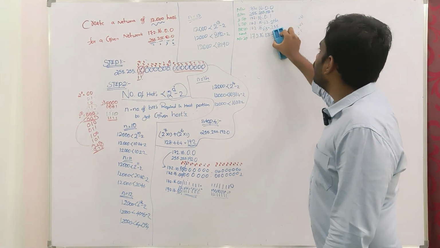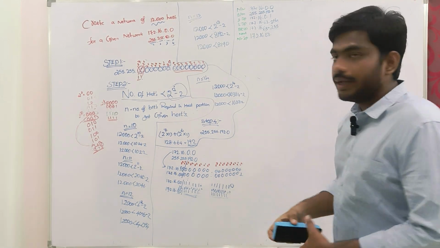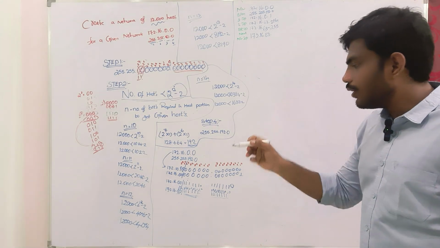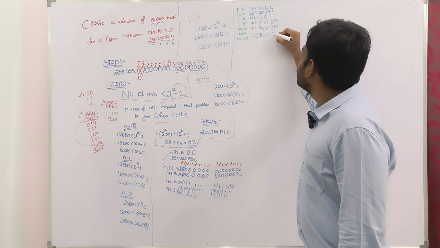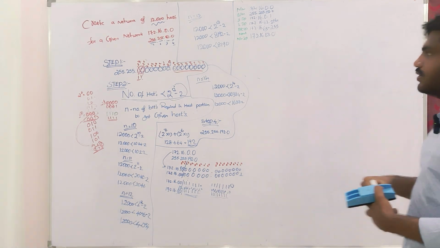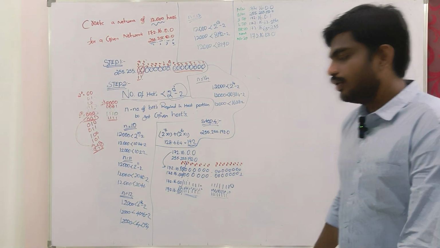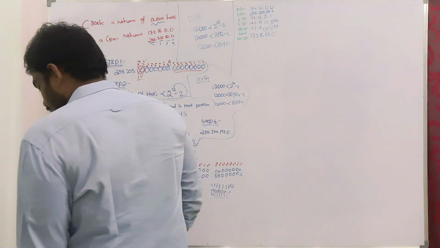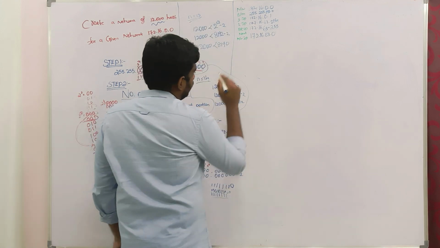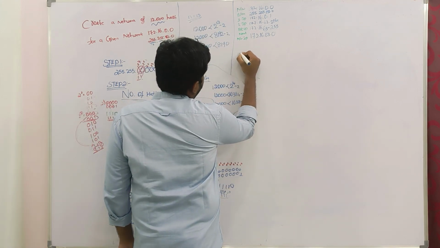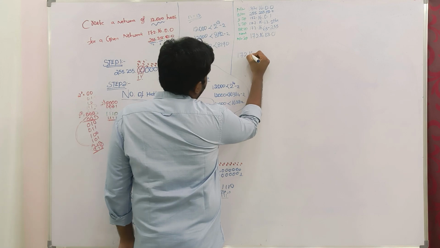So what will you write here? Again, you have to start from zero. You begin with 0, so again we start with the next network. You take 172.16.